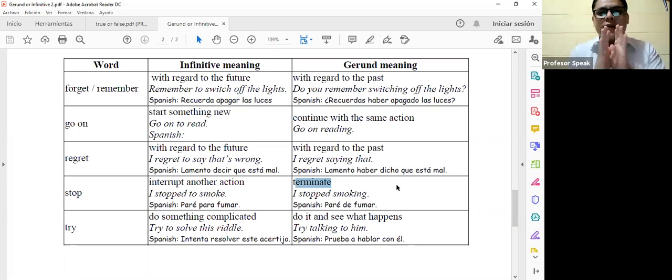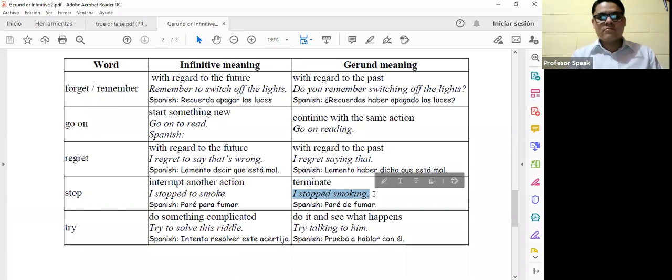You are not going to do the action one more time. For example, I stopped smoking. What does it mean? That I don't smoke anymore. You see the difference?